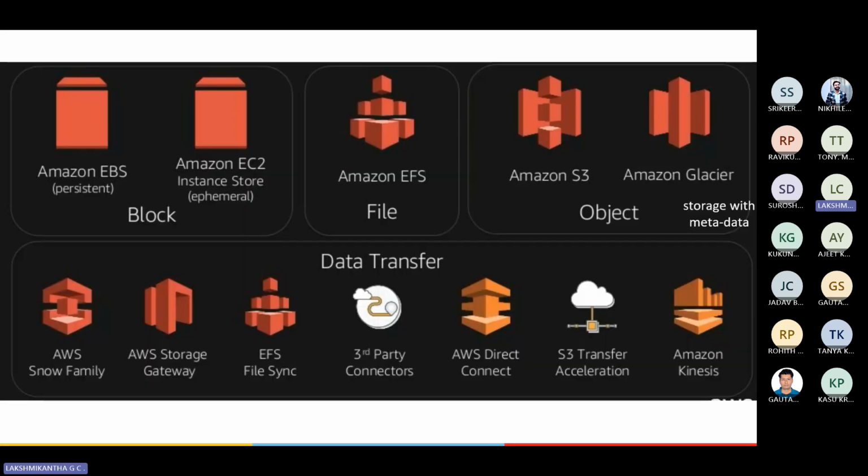So look here, guys, storage with metadata. Before we dive into specific AWS services, let's talk about a core concept in cloud and big data storage, called storage with metadata. Guys, in traditional storage, a file is just a file. Its name, size, location. But in a cloud native big data system, the storage object is much richer. It is the data plus its descriptive metadata. Let me take one example.